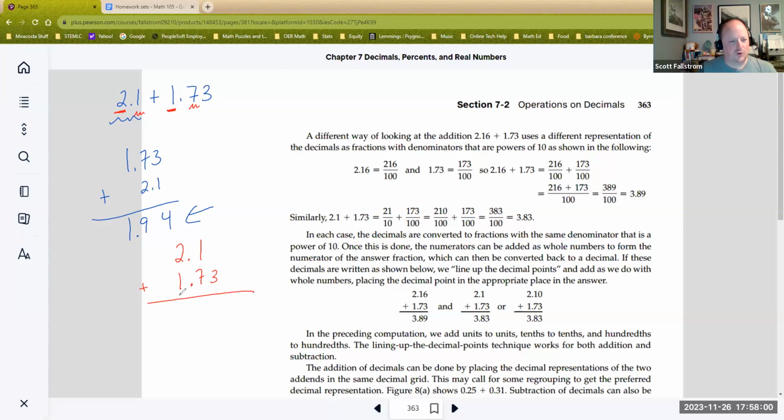And so you could write it this way. But I will tell you, most of the time, at least for students who are struggling, it's better to rewrite it so that you put the additional 0 in there. And that way they can think, I always want to make sure everything's all lined up. Decimal places are all lined up so that if I add tenths, I'll have 8 tenths, 3 hundredths, and 3 whole units. Okay.